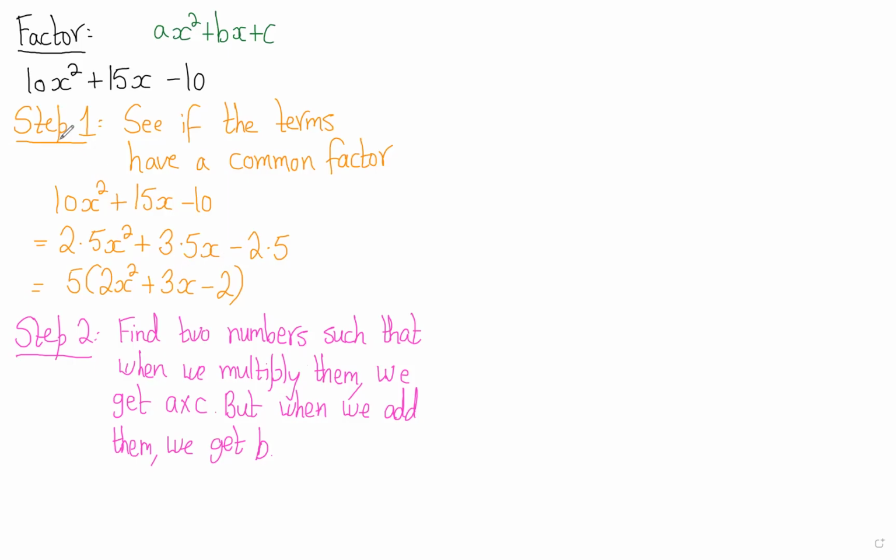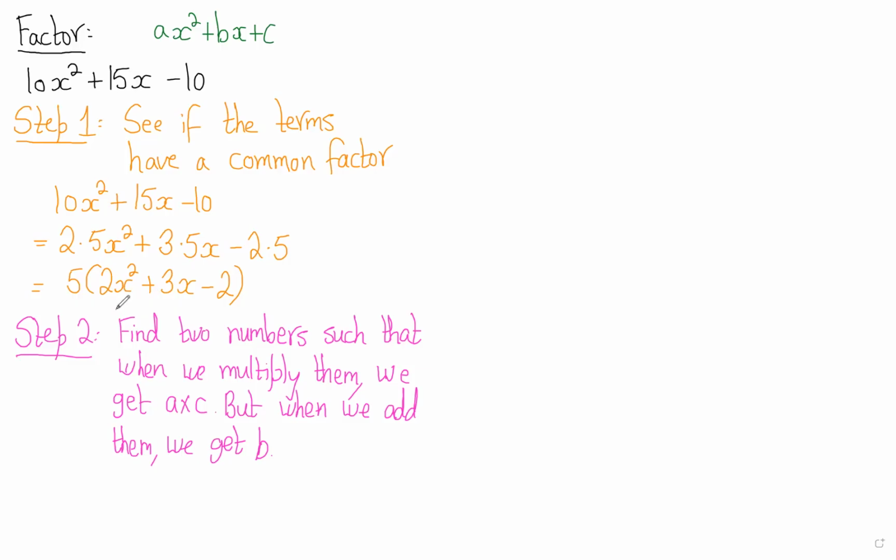Now notice that in our step 1, we were able to remove the 5 and put that outside the bracket, right? So in step 2, the quadratic expression that we're concerned about is 2x squared plus 3x minus 2, right? We should be able to factor this, and that should help us to factor the overall expression that we have, right?